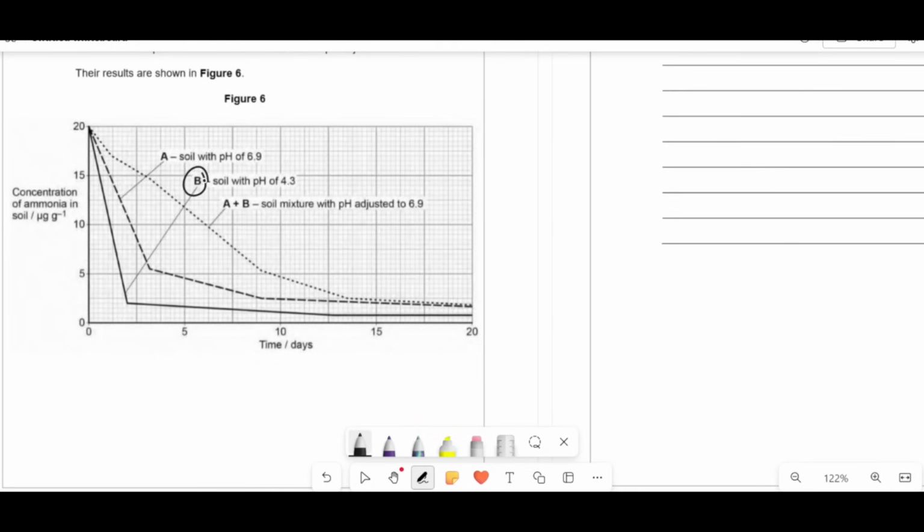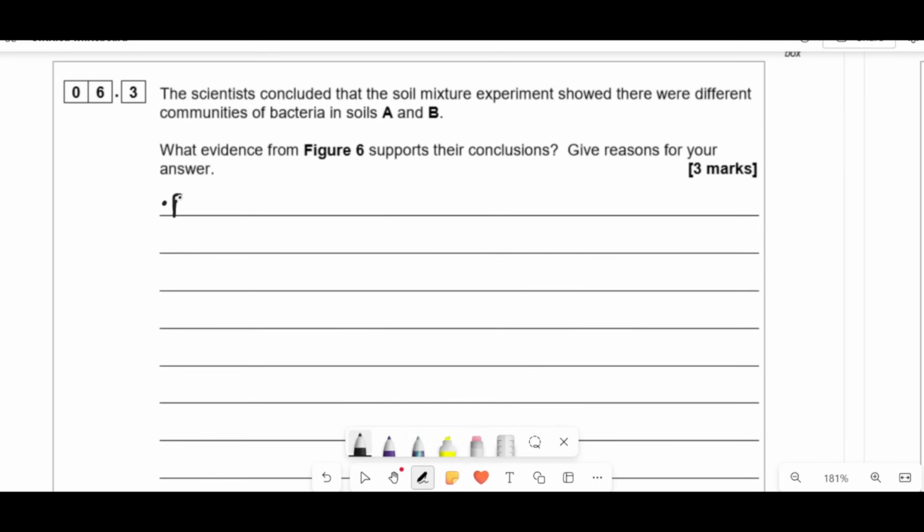Otherwise, if it was just A and A, they're the same community, then it would be equally as good. Or if it was just B and B, then it would just be poor. So that's what we're going to say. B has the fastest decrease in ammonia concentration, I'm just going to abbreviate because I'm lazy, but you do the whole thing. Whereas A plus B is the slowest.